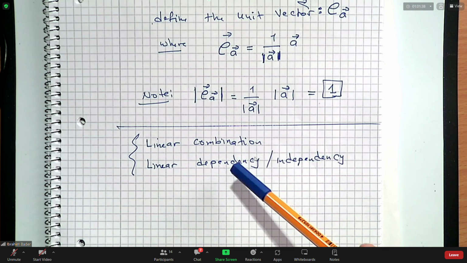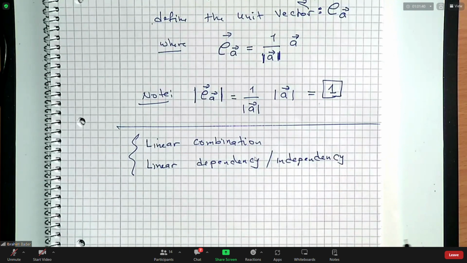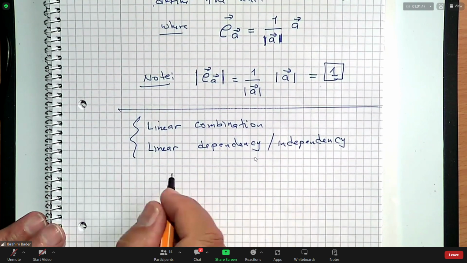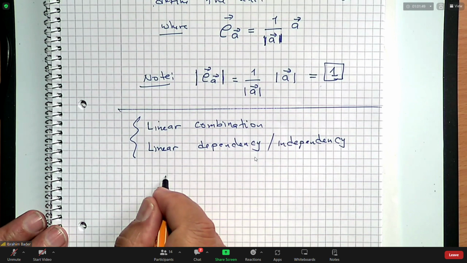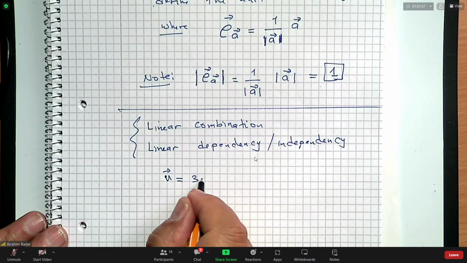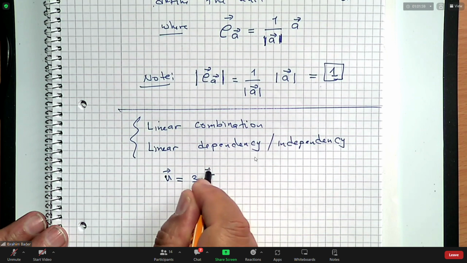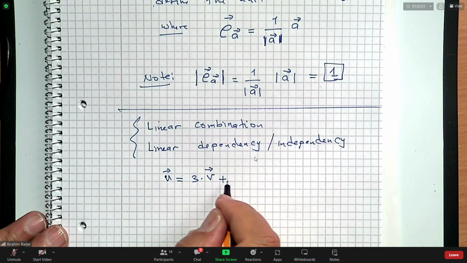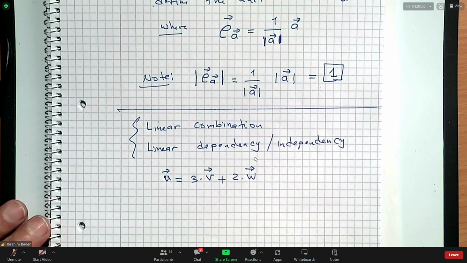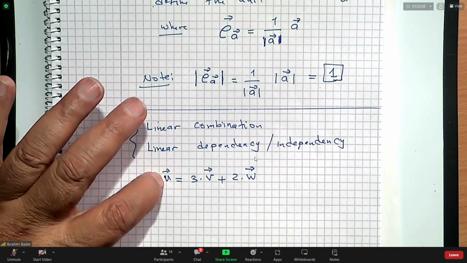Now here, linear combination means you are multiplying with a constant. For instance, I will give you an example. If I have two vectors, and I say that vector u is 3 times vector v plus 2 times another vector, let's call it w, then this vector here is a linear combination.